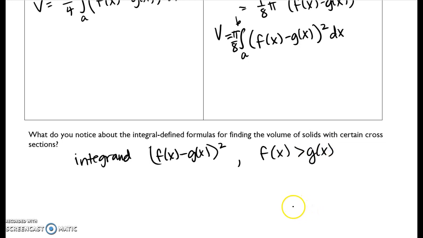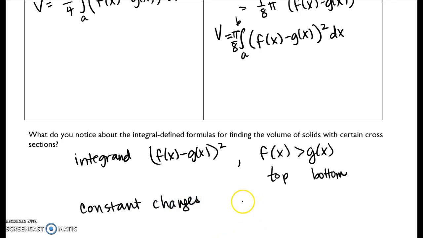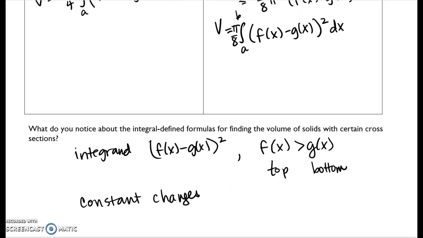It shouldn't make a difference if you're squaring it, but usually you want to do top minus bottom. And the only thing that was changing was your constant. So for semicircle, it was pi over 8. For equilateral triangle, it's square root of 3 over 4. So if you can just remember that, it will make these problems a lot more straightforward. If you forget, that's when it's going to get more challenging.